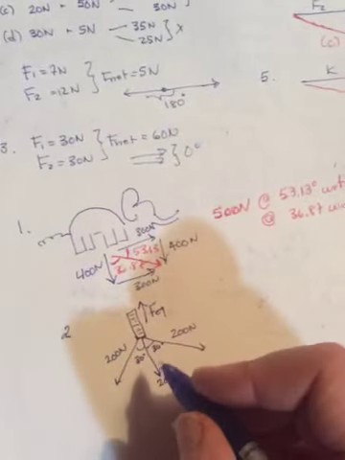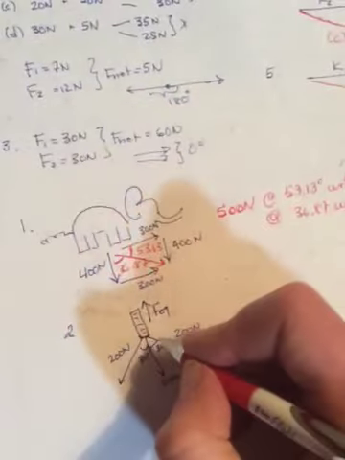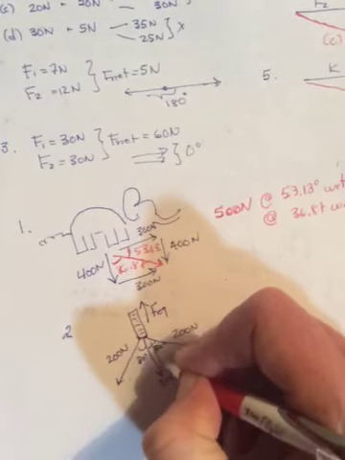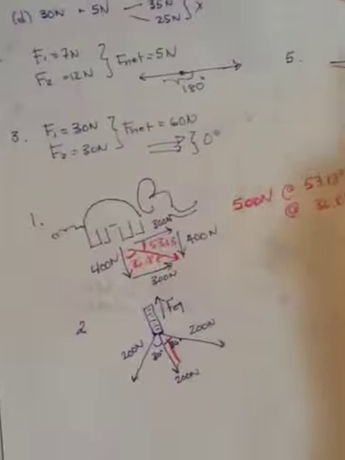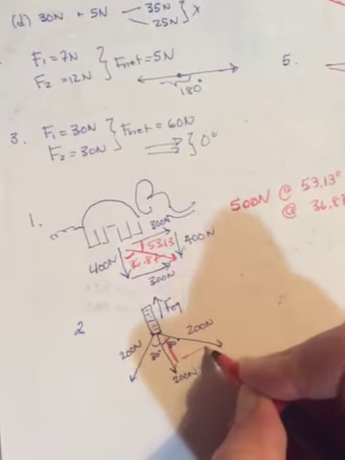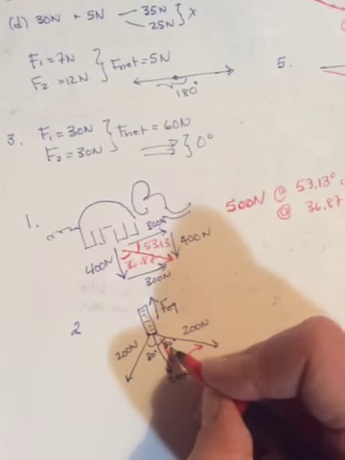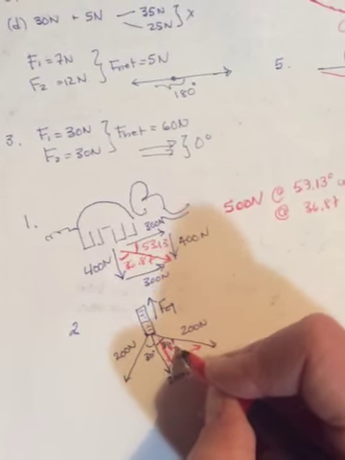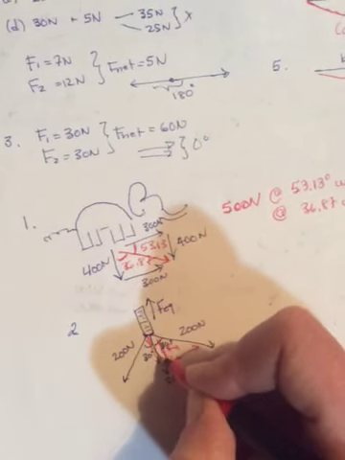Now the 3 pulling down aren't all acting straight down. The ones at an angle only have a component acting down and a component acting over. So this would be the y component acting down. That would be adding to the scale.